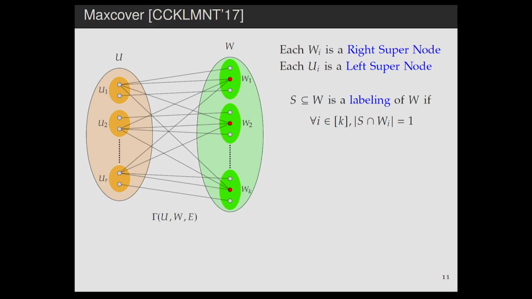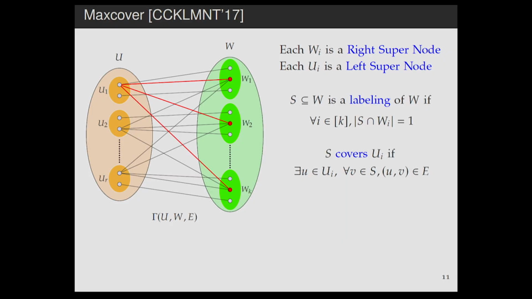Okay, and what do we want from our labeling? We want our labeling to cover the supernodes on the left, where we say that a labeling covers a supernode U_i if there is a node, a normal node, in it that is a neighbor to every node in the labeling. Okay, so in this case, for example, this labeling covers the node U1.